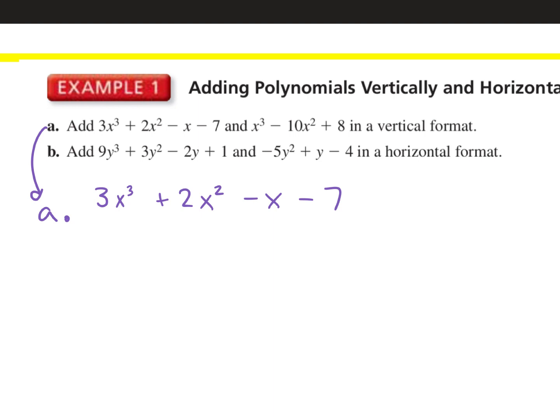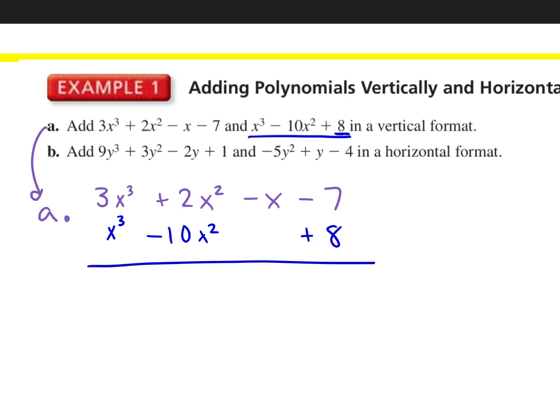And then when I write my second polynomial, I have to make sure that all my like terms are in the same column. So I have x cubed minus 10x squared. I wouldn't put the plus 8 right after it because it doesn't have an x. So the like term with the plus 8 would be that minus 7. You could put 0 in that spot if you wanted to, or just leave a space.